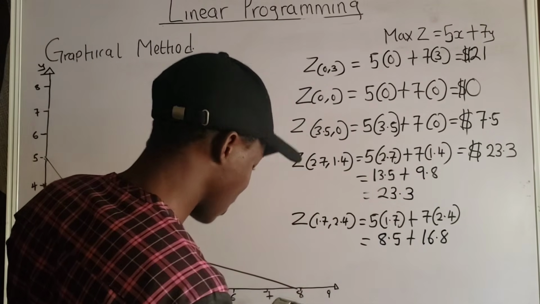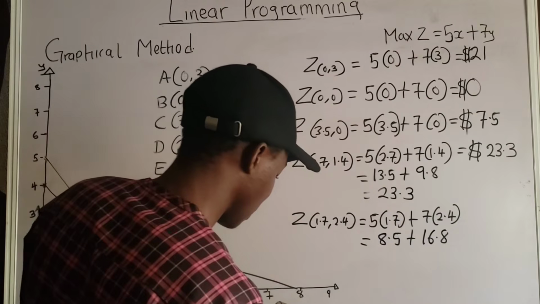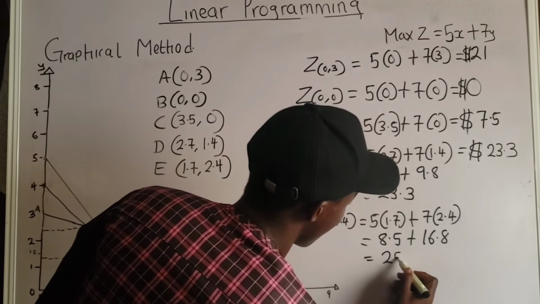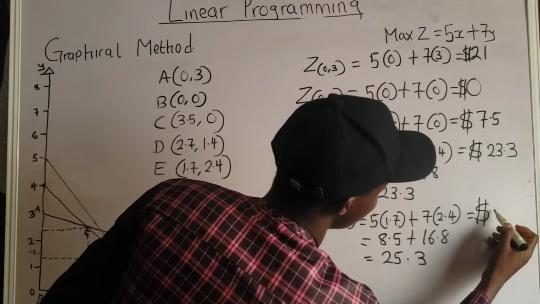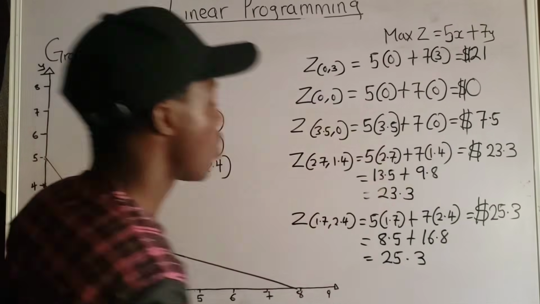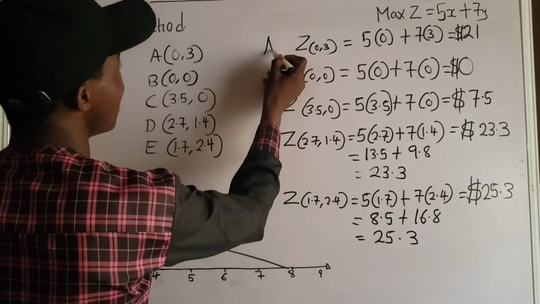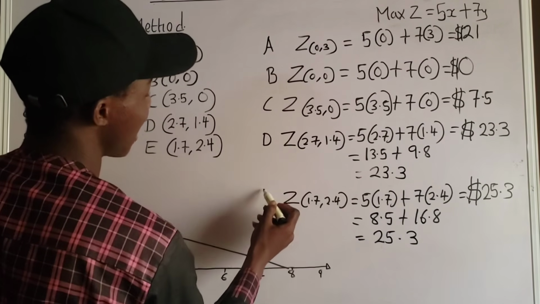Now add this together, you are going to get 25.3. So the value for this is $25.3. You get it? So now don't forget that this is for point A, this is for point B, this is for point C, this is for point D, and this is for what?